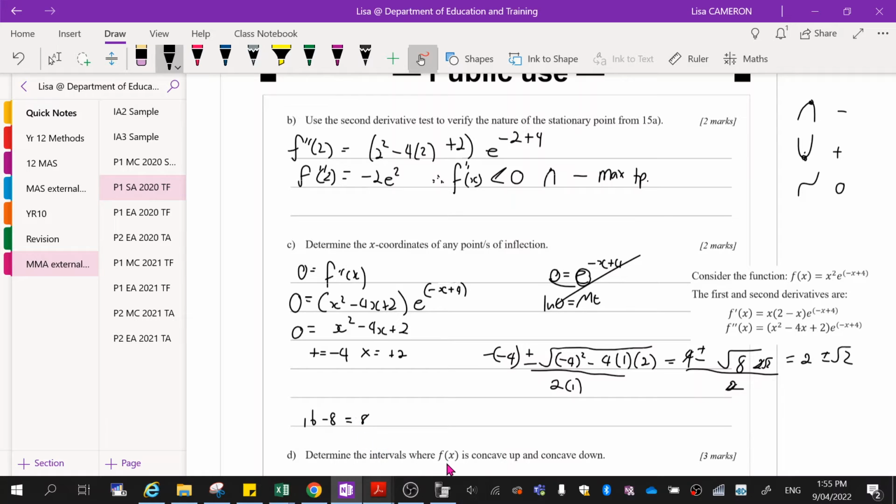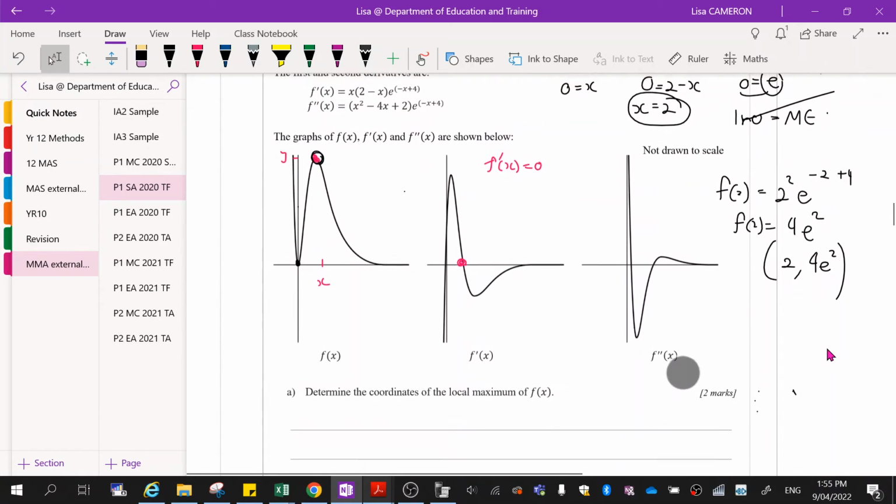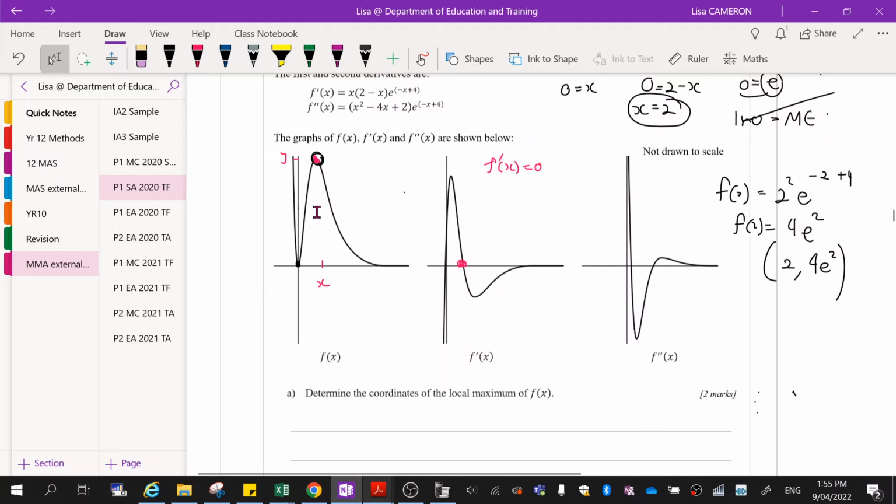Okay, so we're going to determine the intervals now where f(x) is concave up and concave down. So I found my two points of inflection. Let's just jump back up to our picture. There'll be a point where it changes concavity, so that means it's going from a max to a minimum.